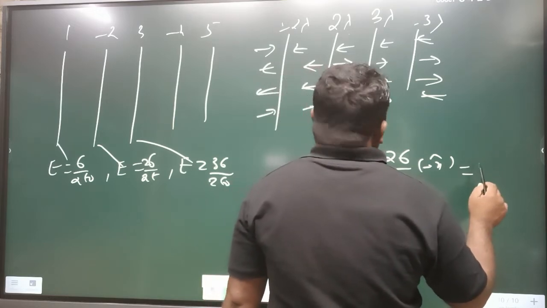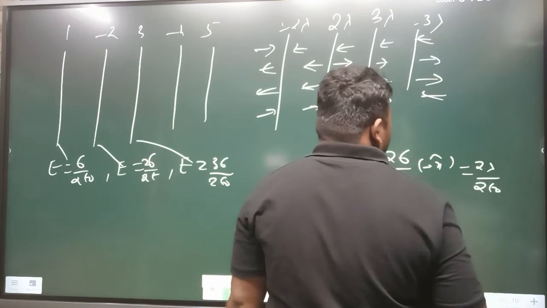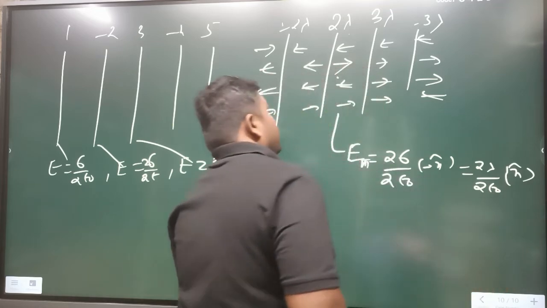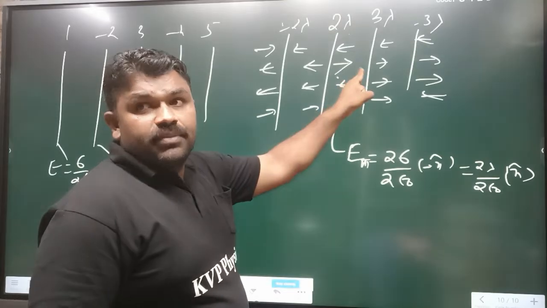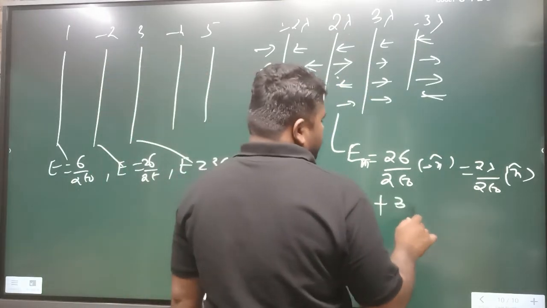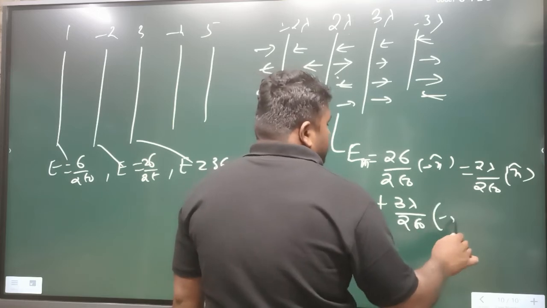It's 2 lambda upon 2 epsilon naught. Direction is plus x cap. Next, third arrow because of 3 lambda. And this is equal to 3 lambda upon 2 epsilon naught. Direction minus x cap.